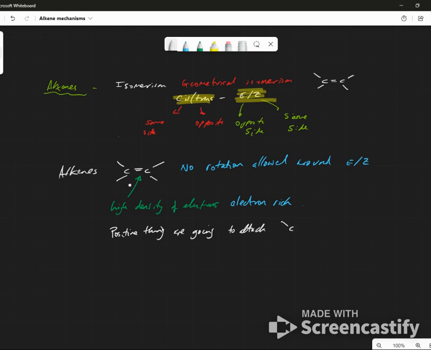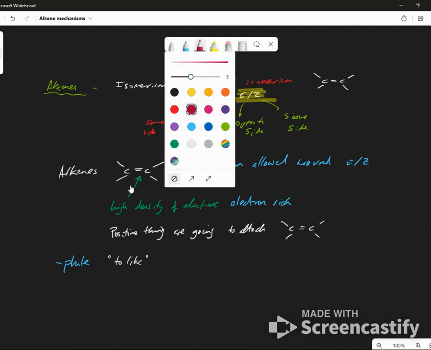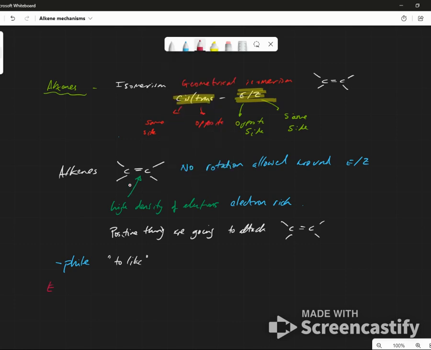They're going to attack the double bond because the double bond is negative and positive things are going to attack it. Now, I'm sure you know this word, phile. Okay, phile means to like. Okay, and things that attack the double bond are known as electrophiles.